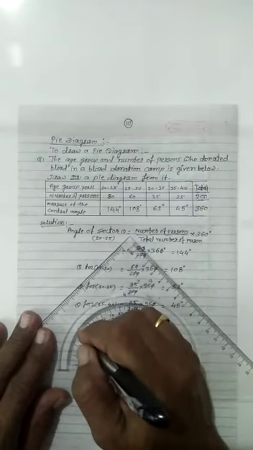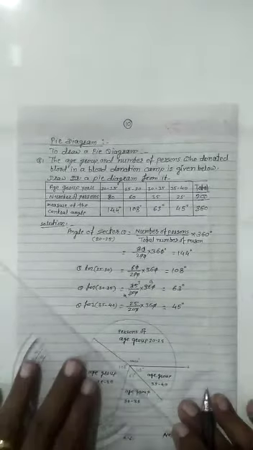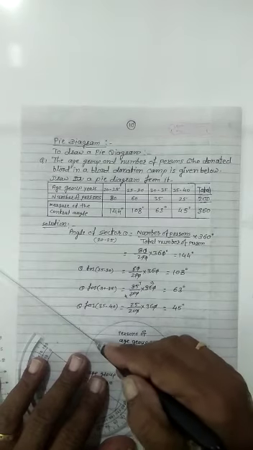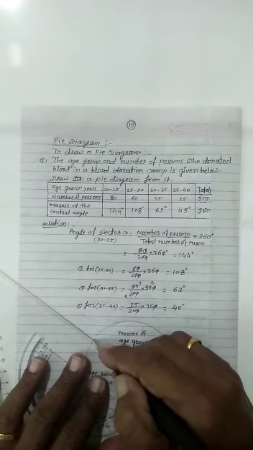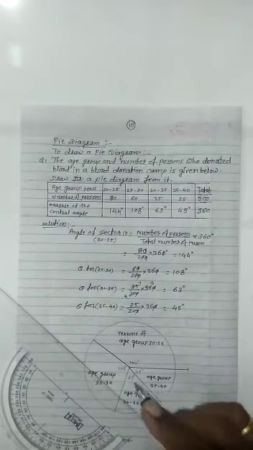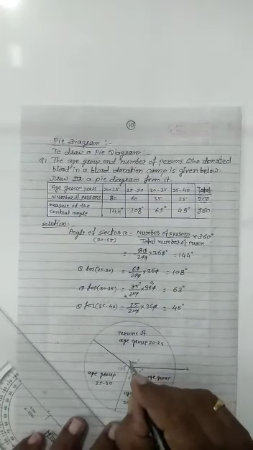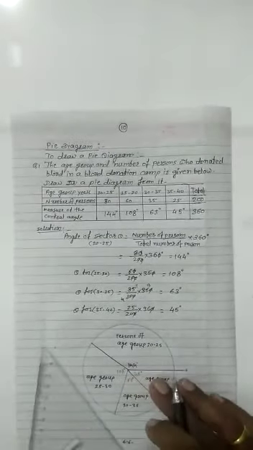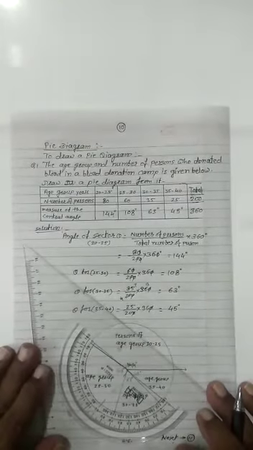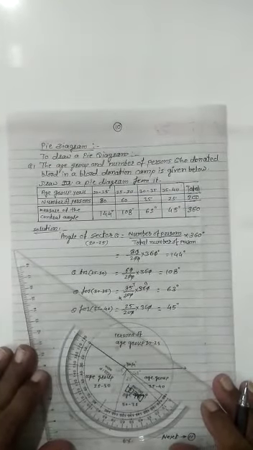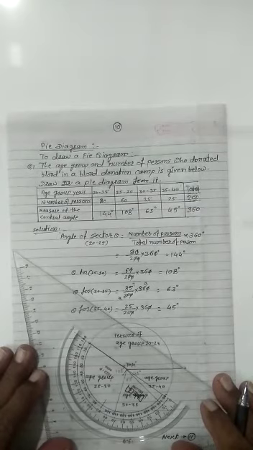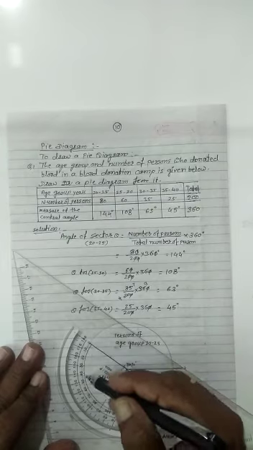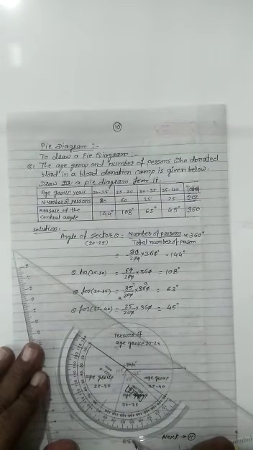Take a point at 144, then draw the line. This is the radius of the circle. We get 144 here, and again take 108. Then we put the protractor in this way, with the 0 line matched to this line, and measure from 0 up to 108.